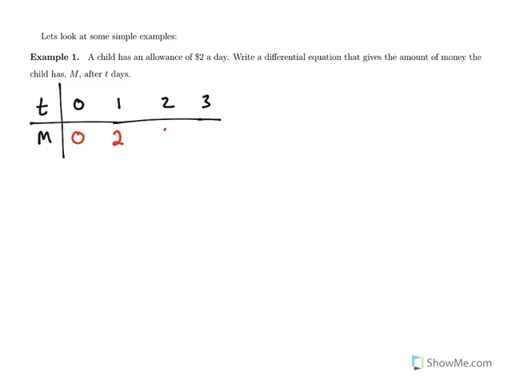After the next day, he gets another $2. That's going to be $4. Then he's going to have $6 and on and on and on. And we can see that what's changing here each time is we are adding $2. And that's the information that we want to figure out. This is representative of the derivative, how the function is changing from one spot to the next.